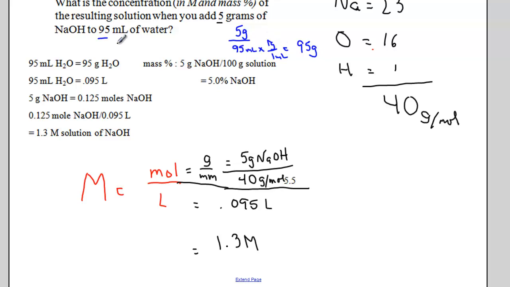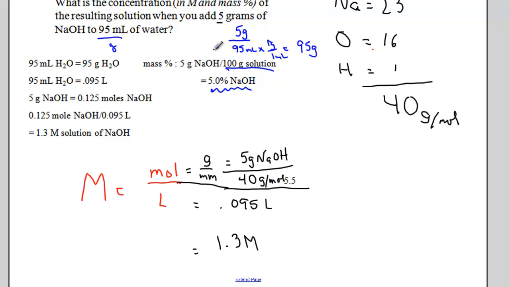So we had 5 grams of the NaOH over that 95 grams of the water. On the bottom here, we'll just simply show that in addition to the 95 grams of water, there was 5 grams of the solute, giving me a total mass of 100 grams of solution. And that's where you find 5%.